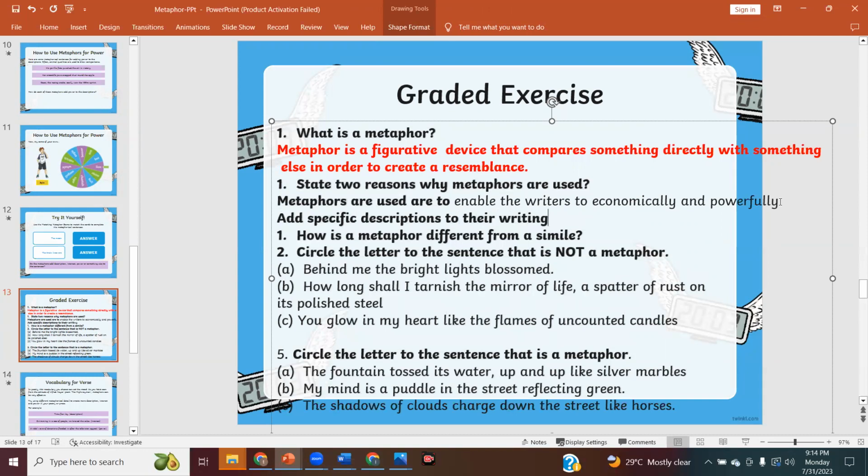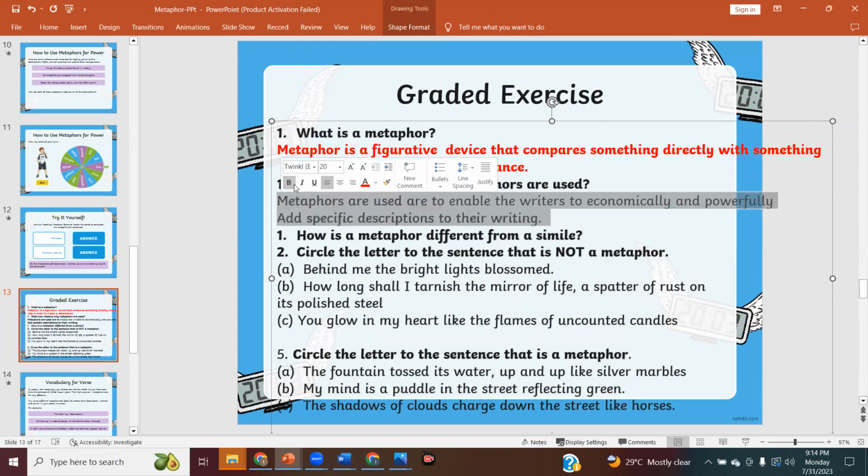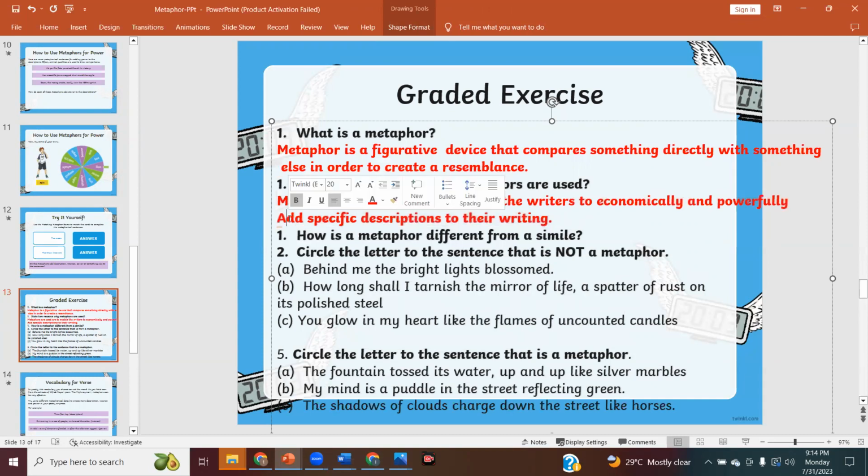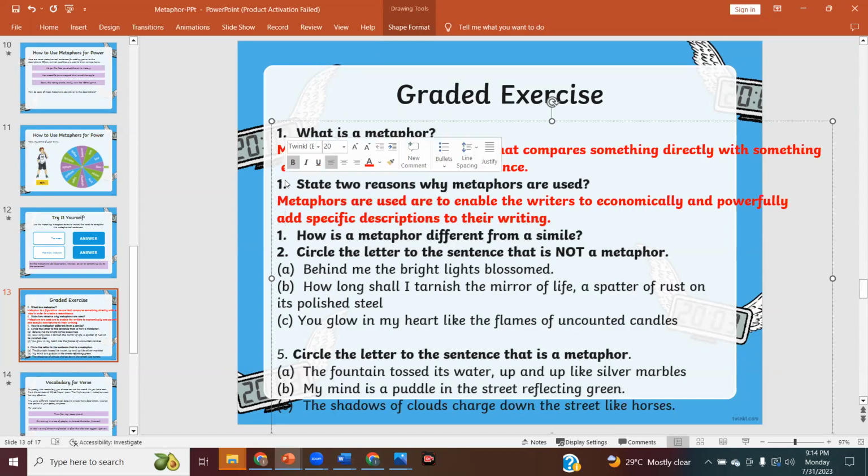Simple as that, nothing deep. All right, anyone else got that? That's the second one.